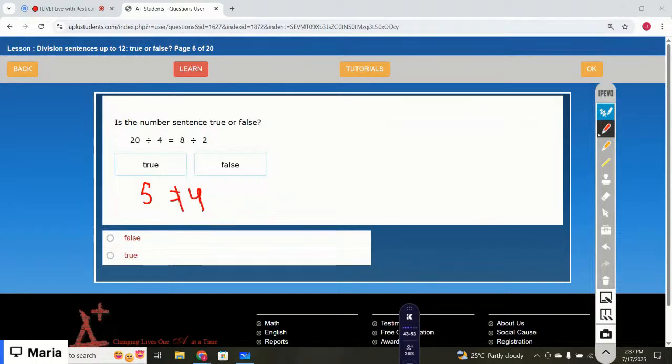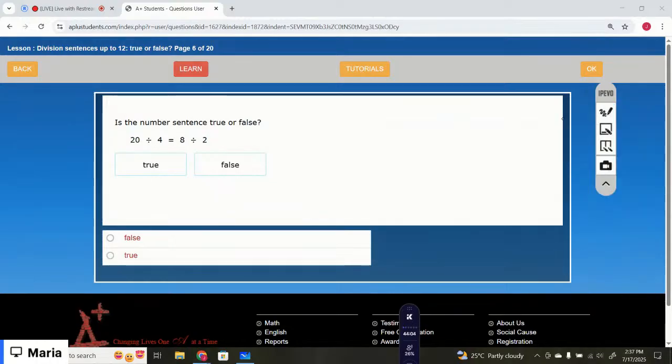So false it is. That is false. Option number 1 is the correct option. That would be false.